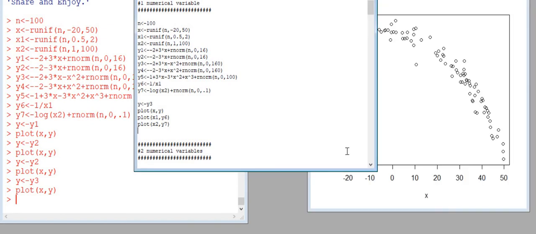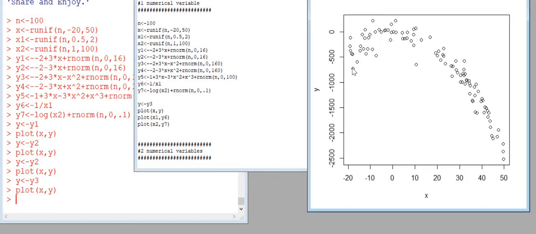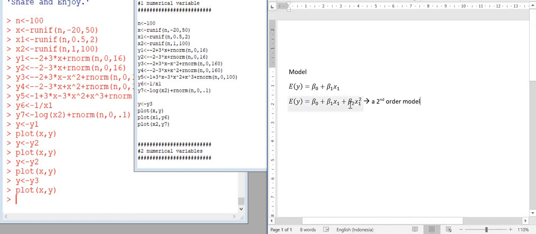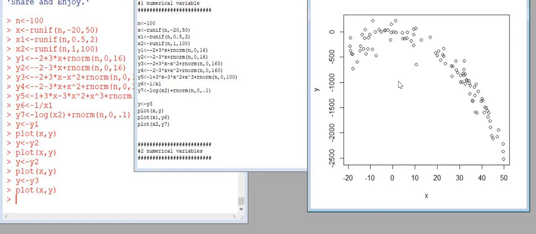And from this kind of relationship, you can expect that the value of beta 2 should be negative, right? Because it's a downward curvature here.